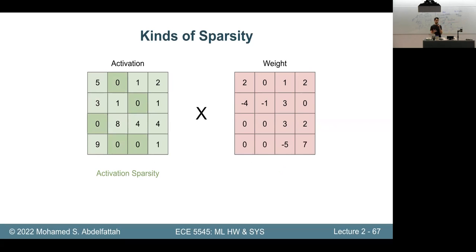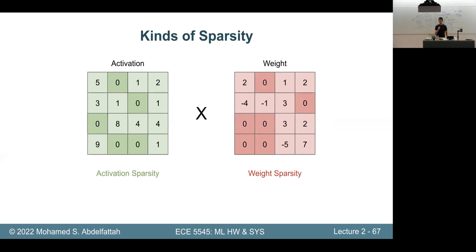It's inconsequential. It doesn't add to my computation in any way. It doesn't affect the downstream computations. So that's activation sparsity. And usually activation sparsity is achieved either by luck or by activation functions like ReLU, which zeroes out all of the negative numbers, or any activation function that has a big zero output, basically.